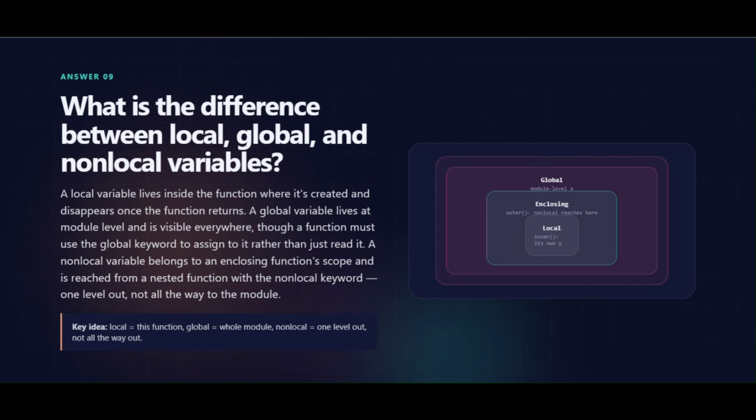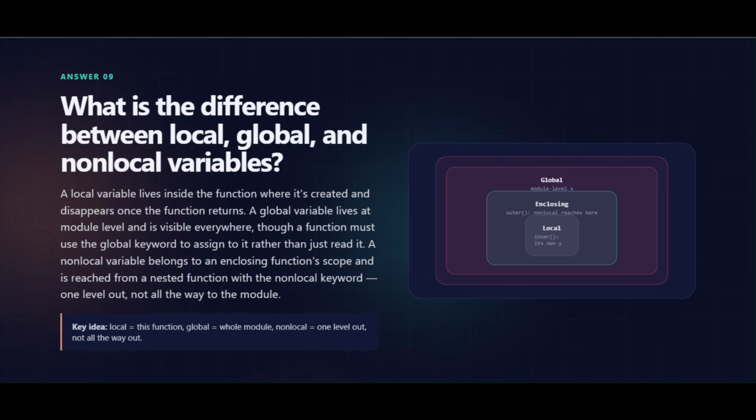A local variable lives inside the function where it's created and disappears once the function returns. A global variable lives at module level and is visible everywhere, though a function must use the global keyword to assign to it rather than just read it.